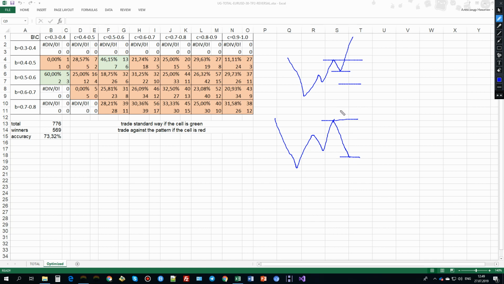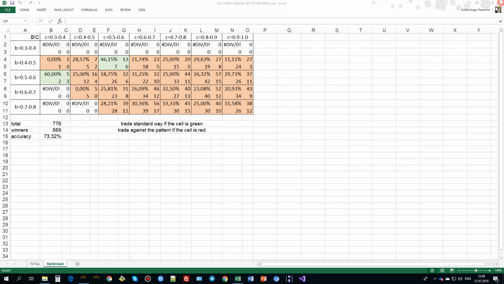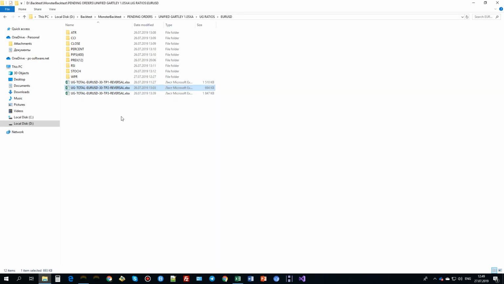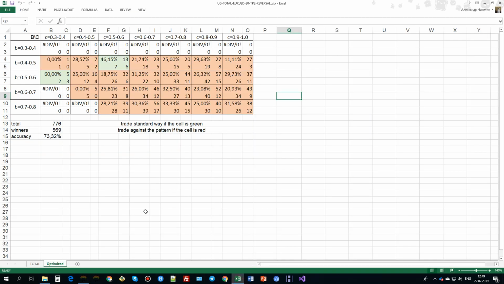So you can aim for take profit 2 and take profit 3 on Euro-yen, but on Euro-dollar you can see that it is not very profitable.